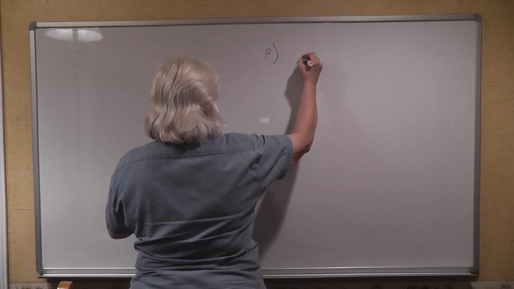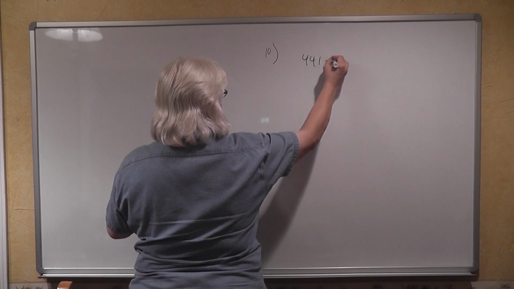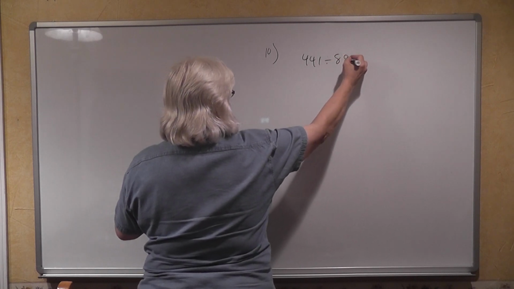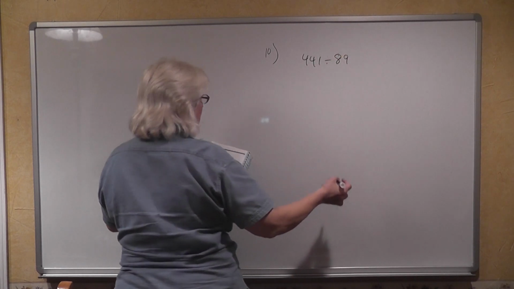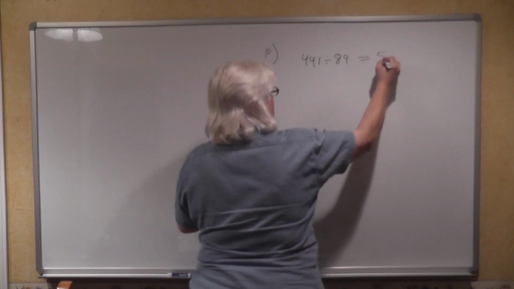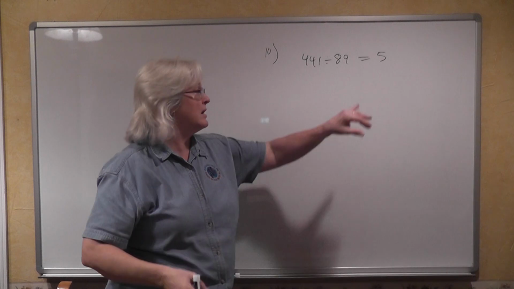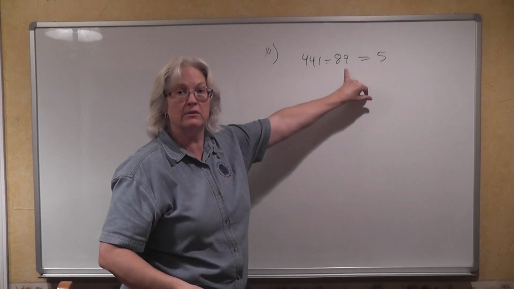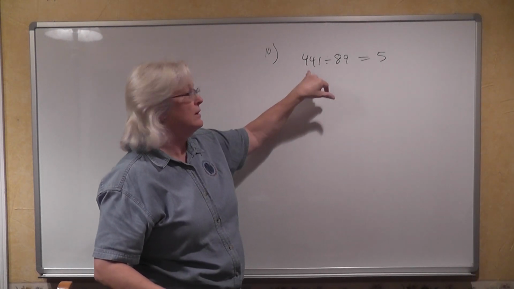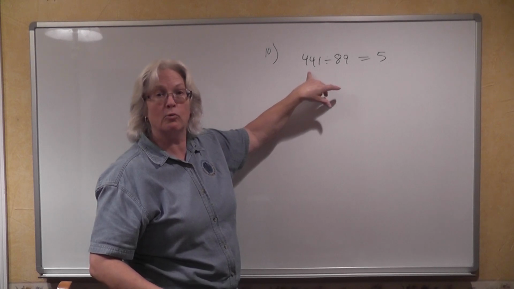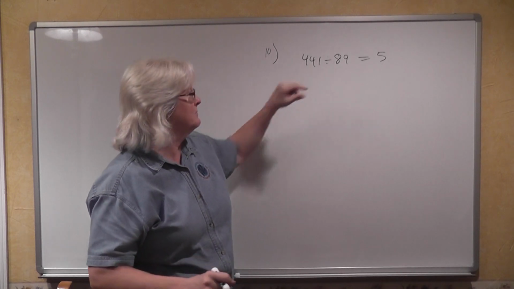Problem number 10, 441 divided by 89 is equal to B. We want to choose a compatible divisor. We're going to round that into something that divides evenly into whatever we round 441.